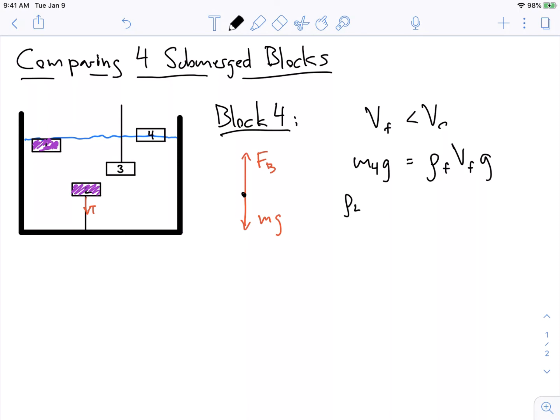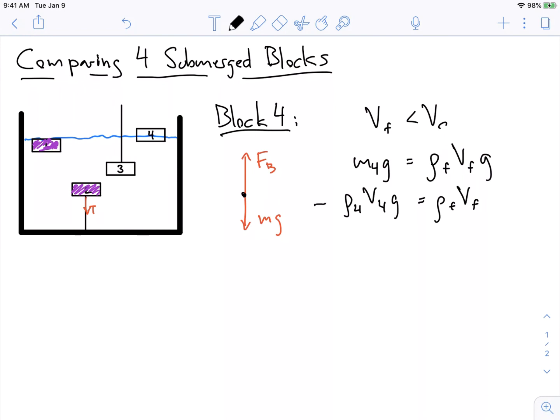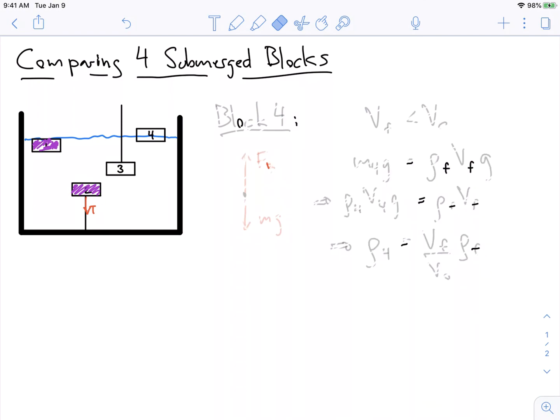If we wanted to write this out in terms of the densities, we could get an equation for the density of the block. This is a question we've done many times before.